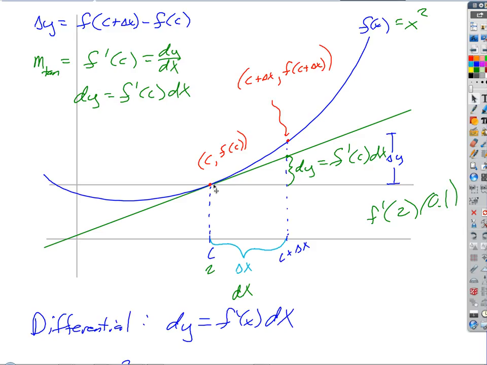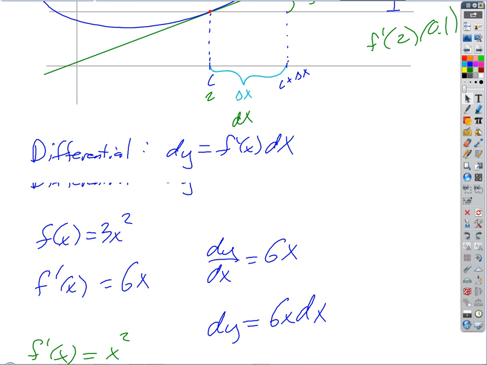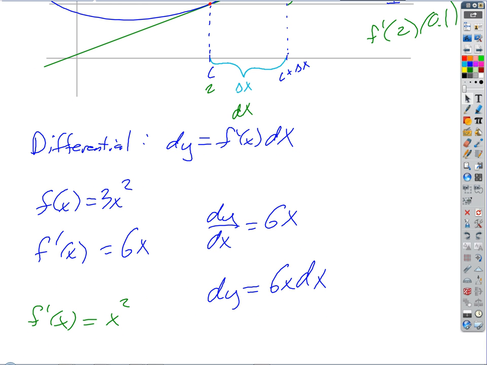And so that's the relationship we get, which makes total sense because we don't even have to think about that in terms of the picture. That's just what we call the differential form of a derivative, right? If we start with the relationship dy dx, which is one way to say a derivative, is just equal to f prime of x, then to put that derivative in differential form, all you do is multiply both sides by dx.